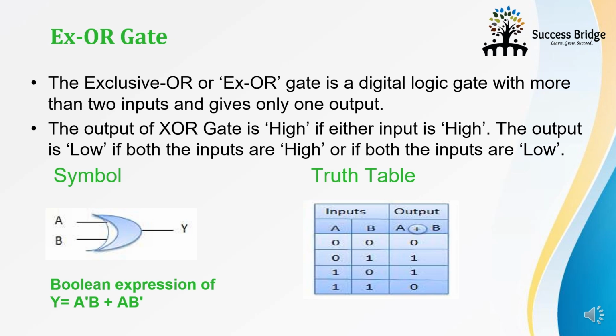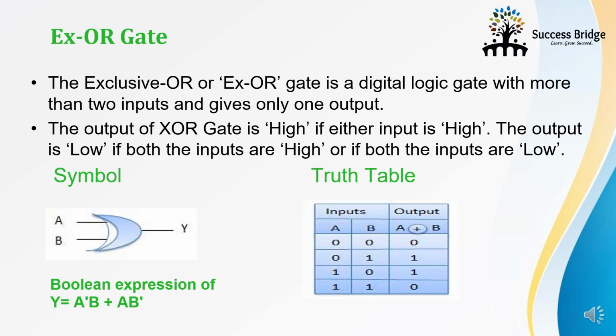If the total number of ones is even, it acts as even parity. If the number of ones is odd, then it acts as odd parity. This is nothing but the XOR gate detecting parity; it works as a parity generator.